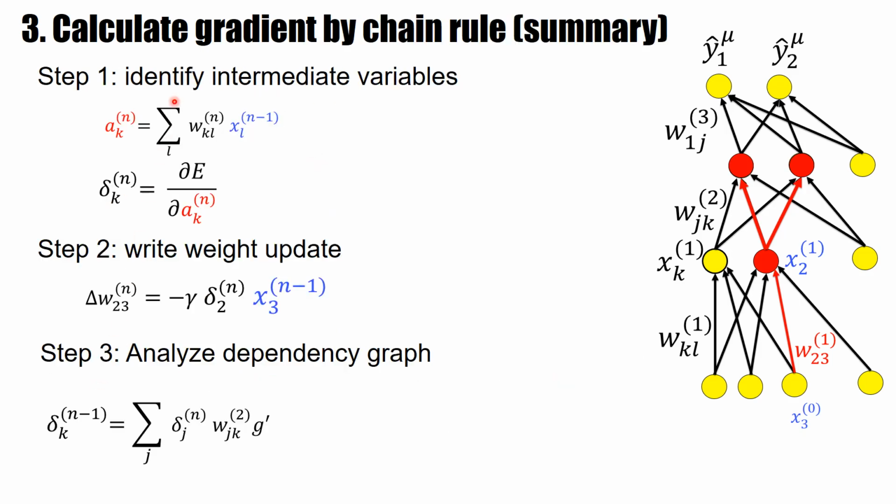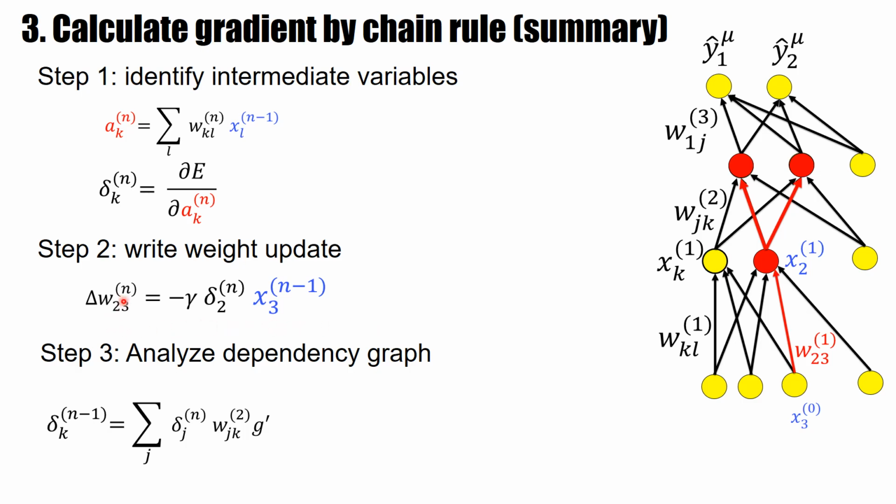Let me summarize. To calculate the gradient, we apply the chain rule. In step 1, we identify intermediate variables, the activation variable or drive variable, which depends on the output of the neurons, or the activity of the neuron in the previous layer. And then we have these delta variables. We can write the weight update as a product of the delta variable with the input.